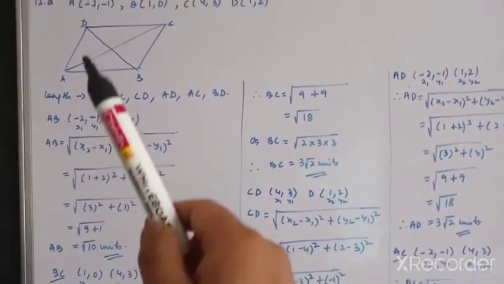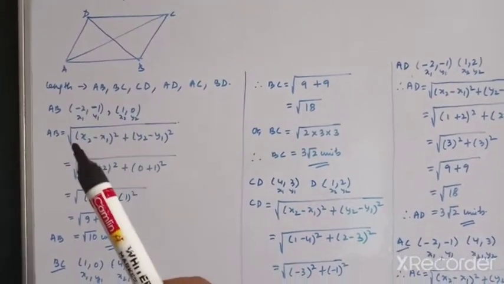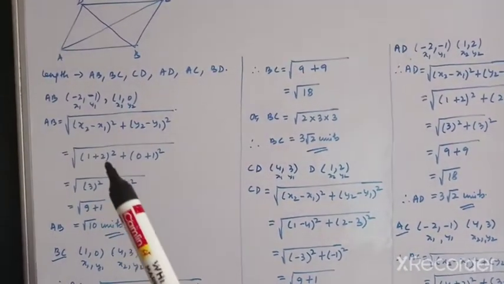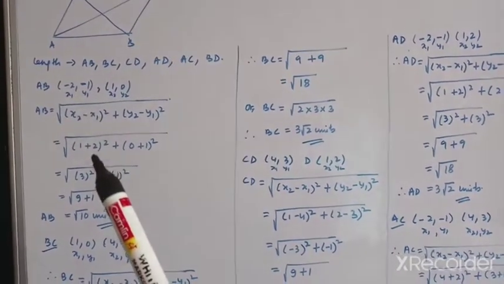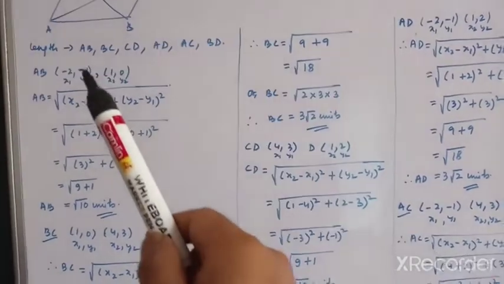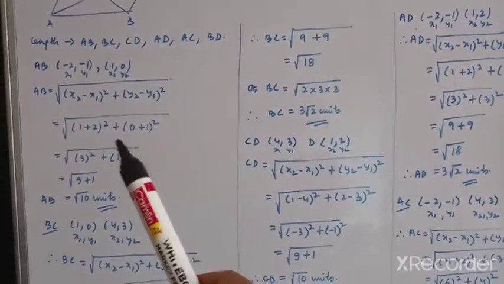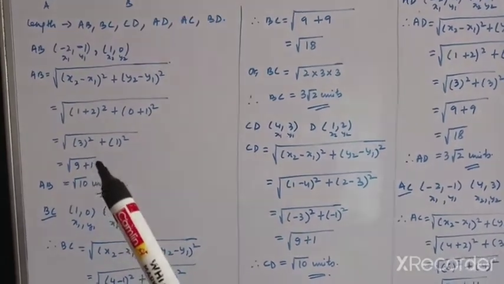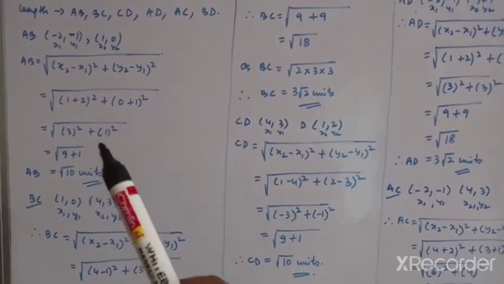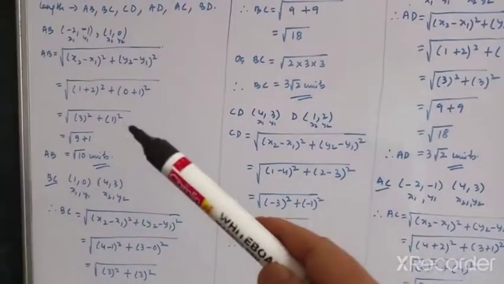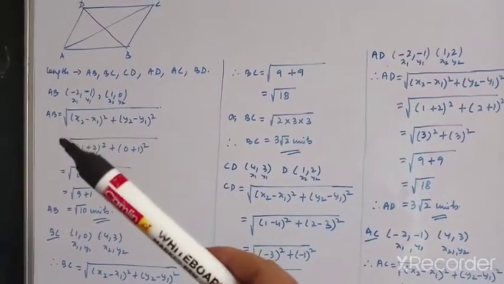For AB, take the coordinates, then x2 minus x1, 1 minus of minus 2, plus y2 is 0 and minus of minus 1 is plus, so 2 plus 1 is 3. So you get 9 plus 1, 3 squared is 9, square of 1 is 1, 9 plus 1 is 10. Similarly you do for BC also.